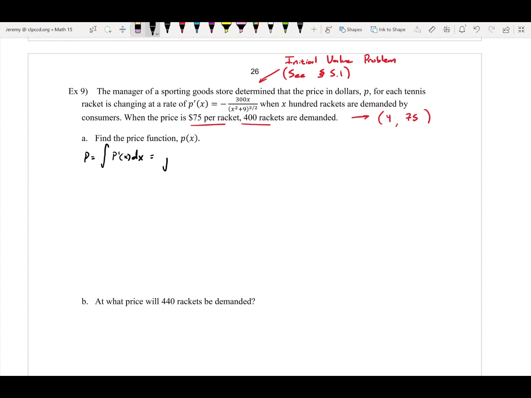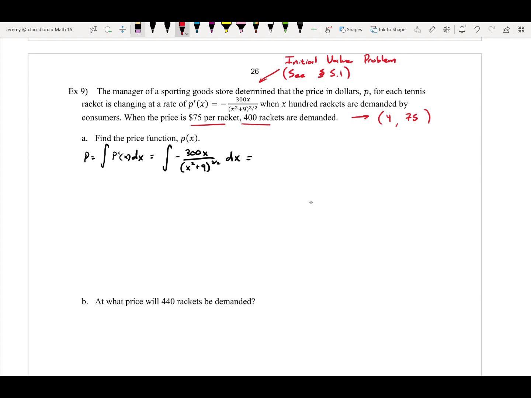So we're going to want to integrate negative 300x over x squared plus 9 to the 3/2, which is kind of a beastly integrand. But let's be brave and face it and see if we could figure it out. Yeah, definitely thinking we're going to need to use substitution. We've got a quotient, we've got composition, x squared plus 9. That's looking like a pretty good inner function.